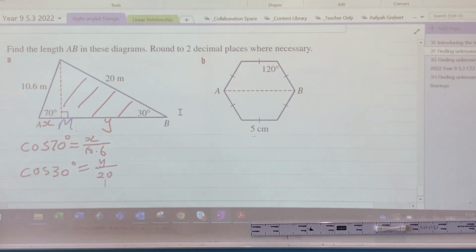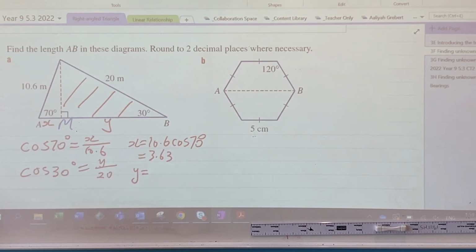Now, I can find x: 10.6 cos 70 is 3.63. How do I find the y? I've done this at least 10 times now. Cos 30 equals y over 20.